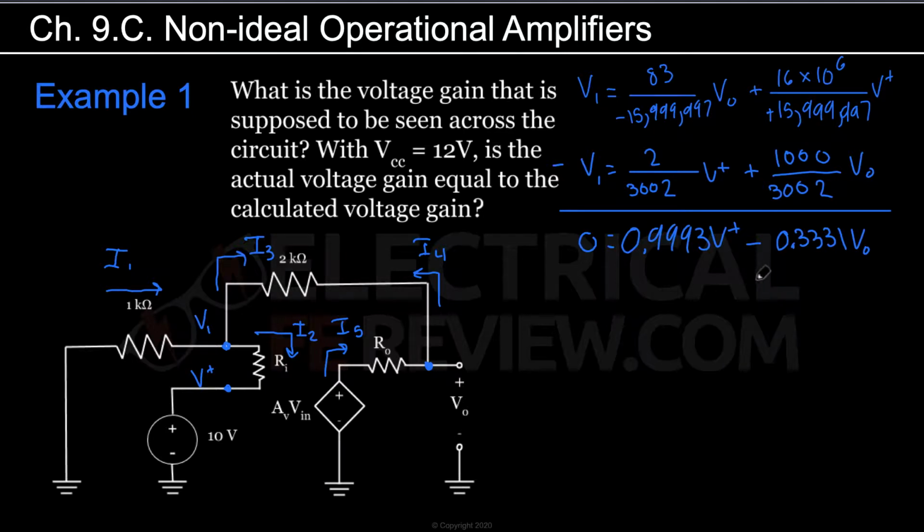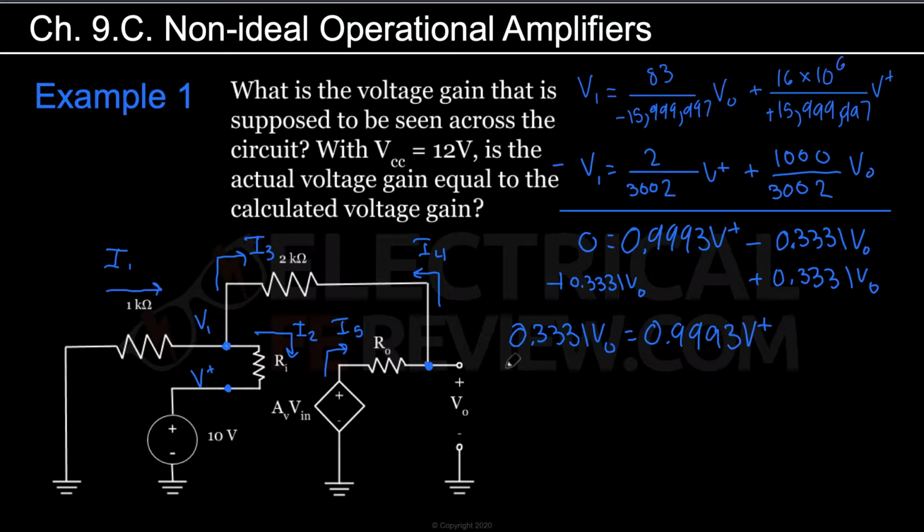And so we can add 0.3331 V out to both sides. And what you get is 0.3331 V out equals 0.9993 V plus.